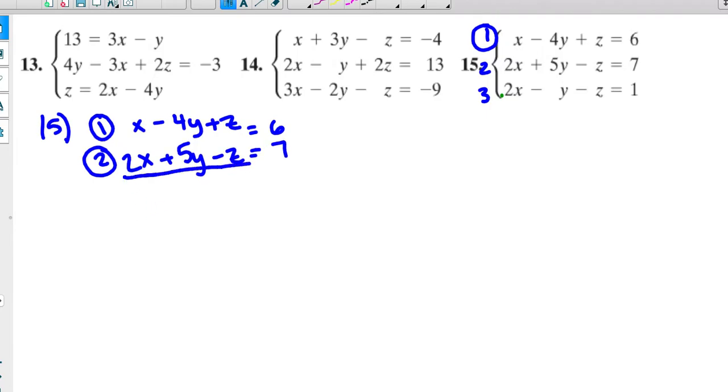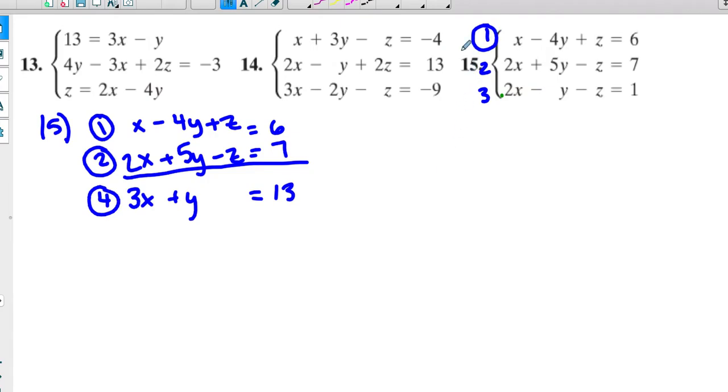Adding those two equations together gives us 3x, negative 4y plus 5y is plus y, z minus z cancels out, and 6 plus 7 is 13. Now this is equation 4.